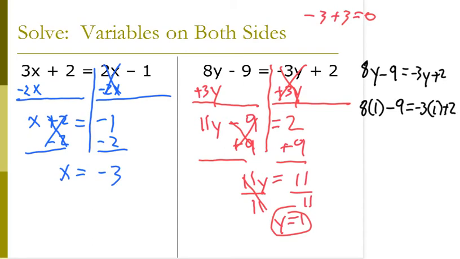Take away 9. And then we have negative 3 times 1 is negative 3. We still have to add 2. 8 take away 9 is a negative 1. Negative 3 plus 2 is also a negative 1. And so we end up with a true statement. We know that our answer is correct.